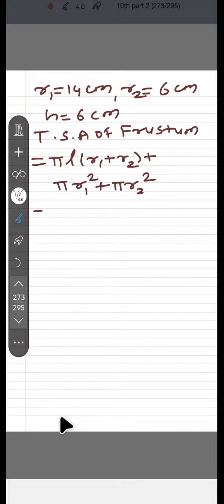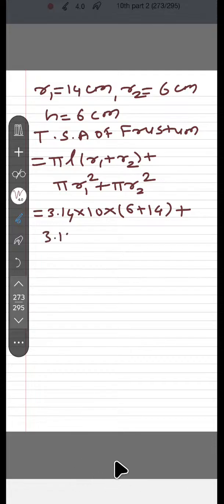Just put the values. 3.14 we all know, into l, which is equal to 10, in a bracket r1 plus r2, which is 6 plus 14, plus 3.14 into 14 square, plus 3.14 into 6 square.